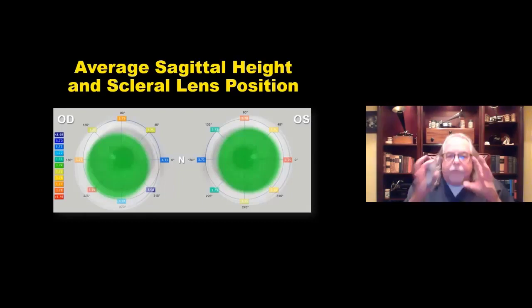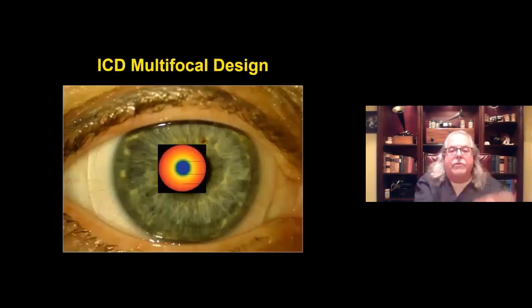This is by virtue of the shape of the human sclera. So understanding these numbers was very, very important in the evolution of our final ICD lens design, the multifocal design.